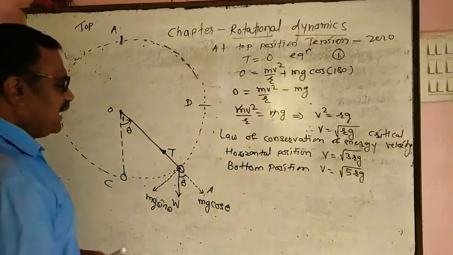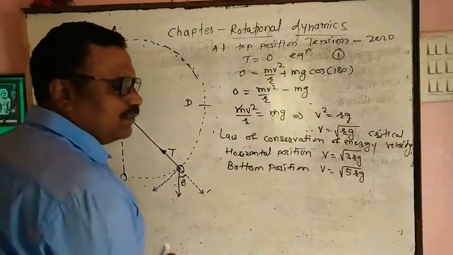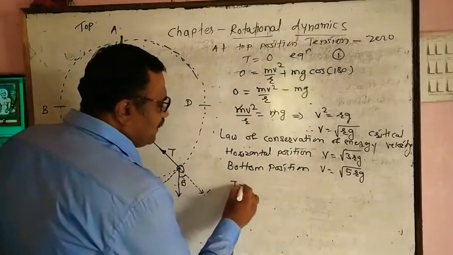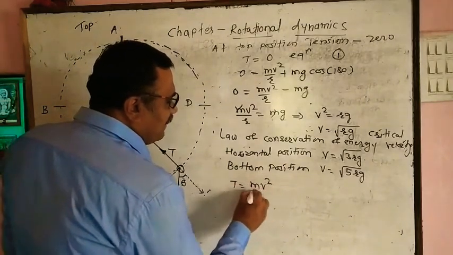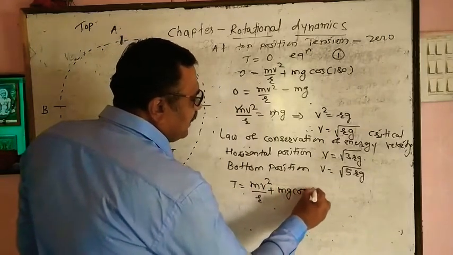Now we calculate the expression for tension. We know previously tension is given by the formula mv square upon r plus mg into cos of theta.